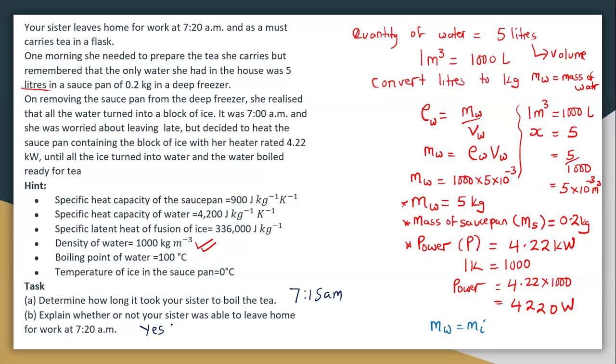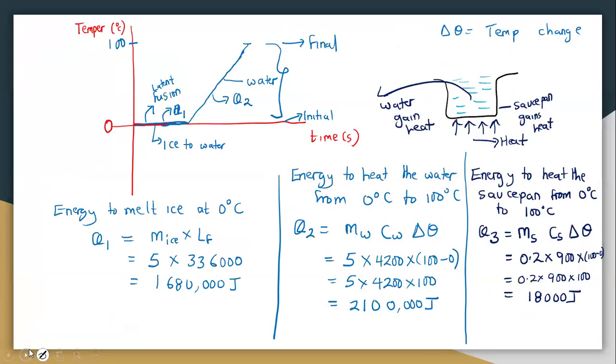Because she was able to boil her tea before that time and finish at 7:15, meaning that she still has an additional 5 minutes to finish her other business. So that is how you can attempt such a number.